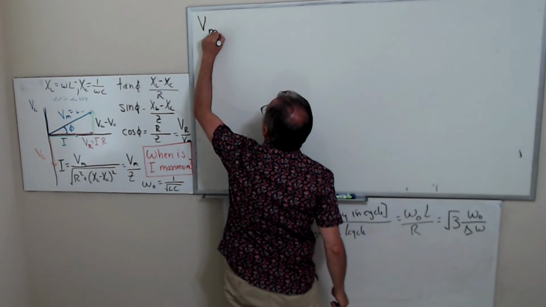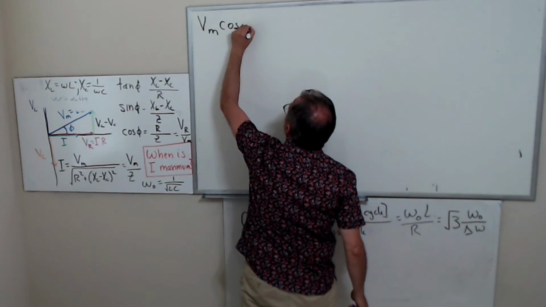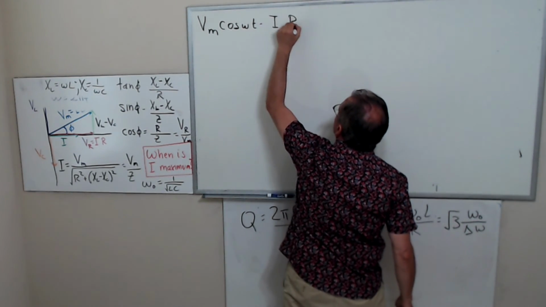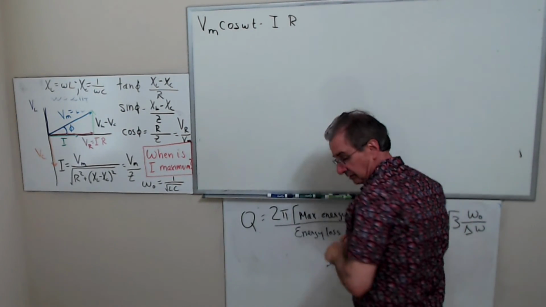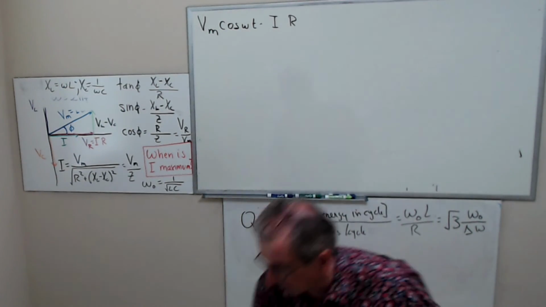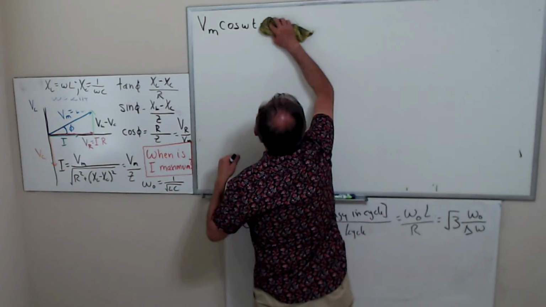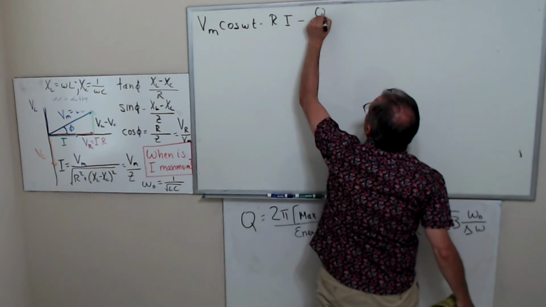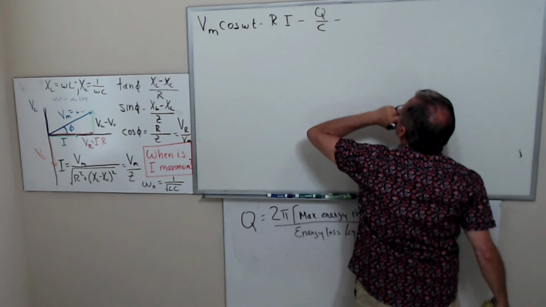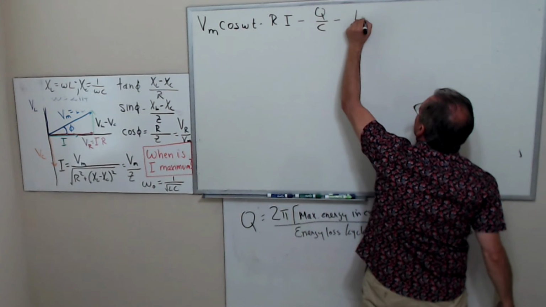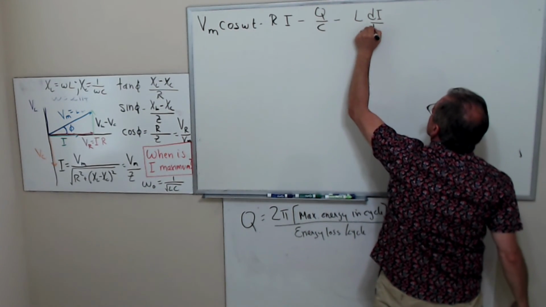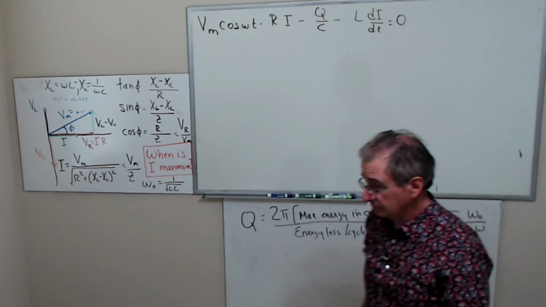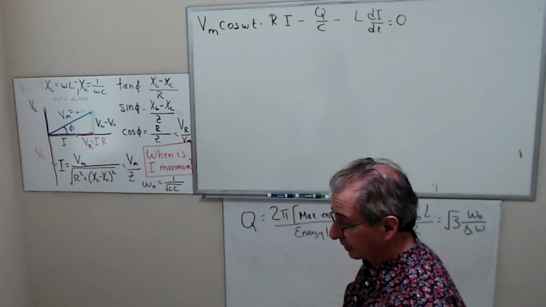So that means that I have V sub m cosine omega t minus I times R. Actually, I'm going to write it R times I. You'll see why in a minute. Minus Q over C minus L di over dt equals 0. This is Kirchhoff's law. Okay?